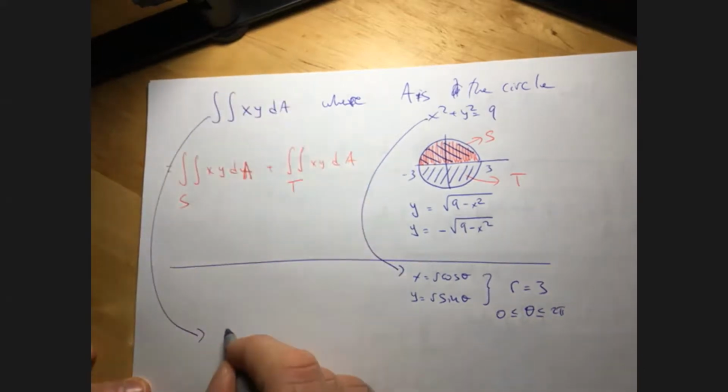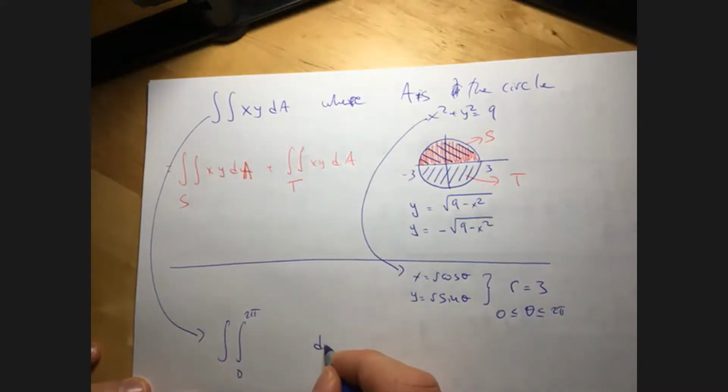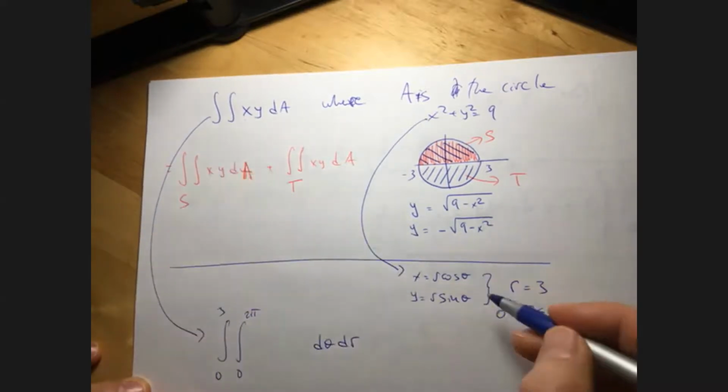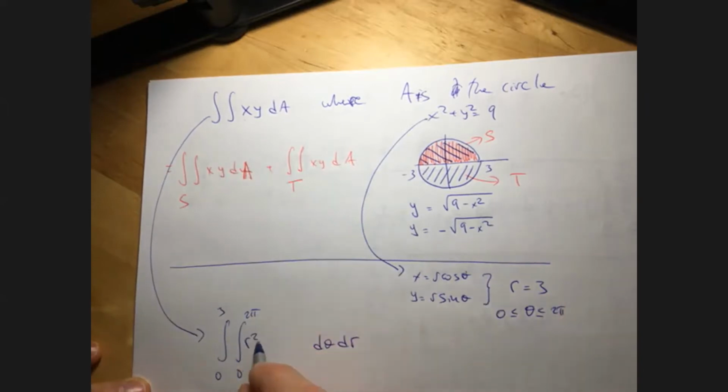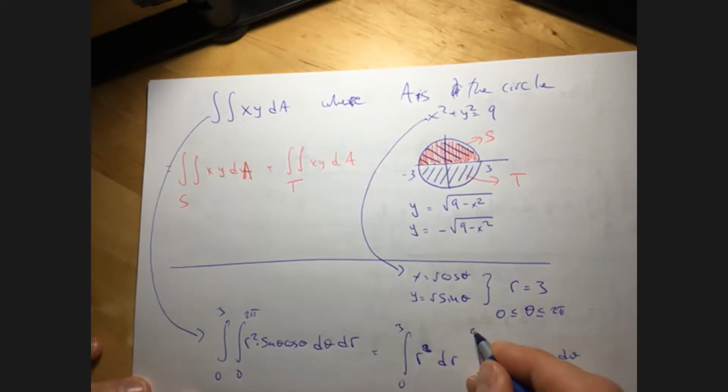So this integral, much easier, can be written as the integral from 0 to 2 pi d theta, integral from 0 to 3 dr, of r squared sine theta cosine theta. Way easier, right? Now, because this depends only on theta and this depends only on r, this integral becomes the integral from 0 to 3 of r squared dr times the integral of sine theta cosine theta d theta.